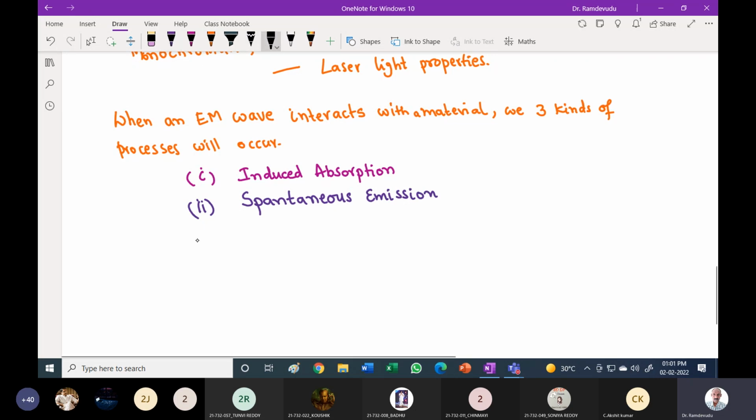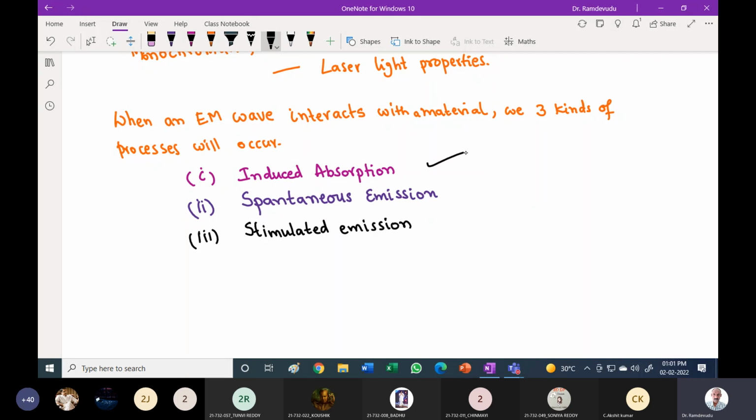First is absorption, and I take the third one, which is important and is the principle for lasing action or to produce laser, called stimulated emission.